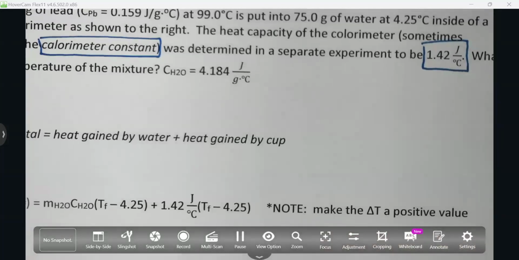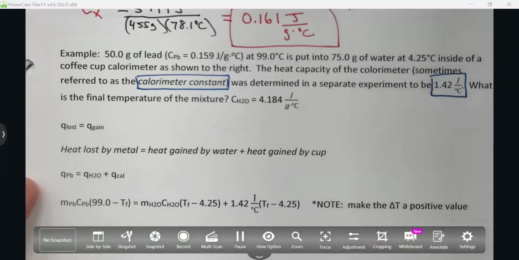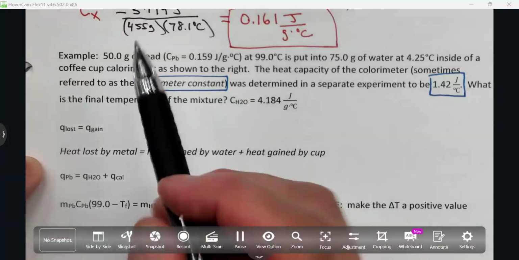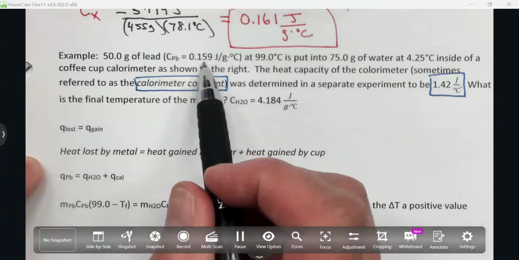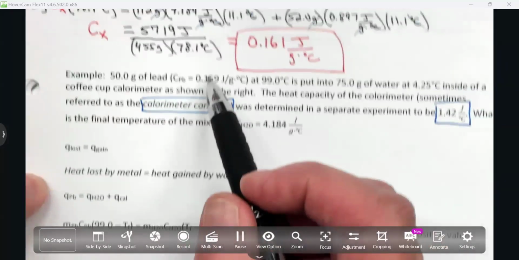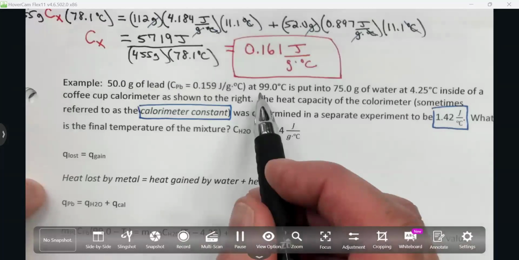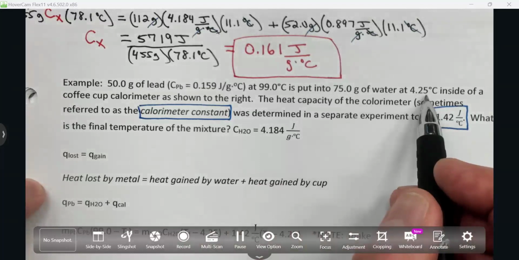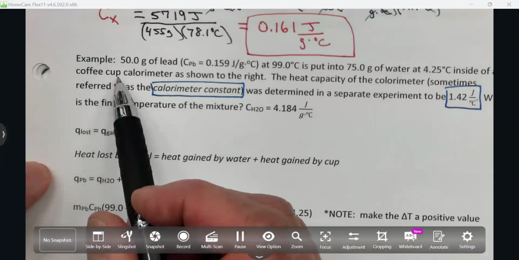So here is an example where they just use what's called a calorimeter constant, and OWL does it, the textbook does this. So we've got 50 grams of lead, 0.15 joules per, so this sample up here looks like it matches lead, huh? 99 degrees is put into 75 grams of water at 4.25 degrees Celsius inside of a coffee cup calorimeter as shown to the right.